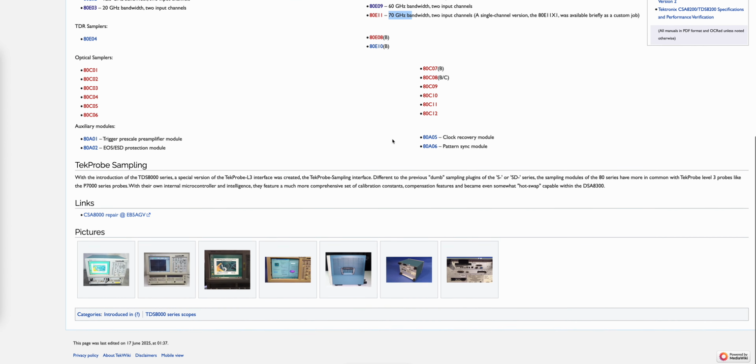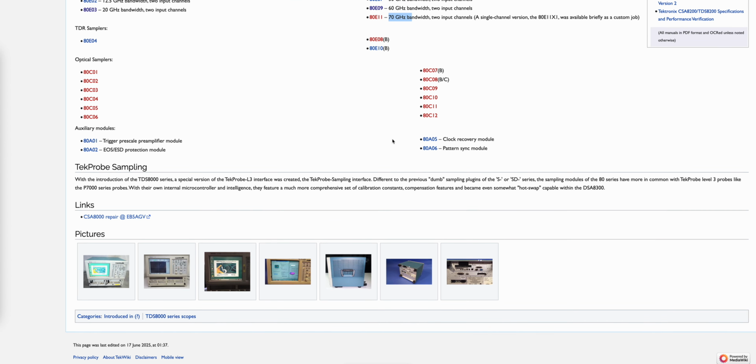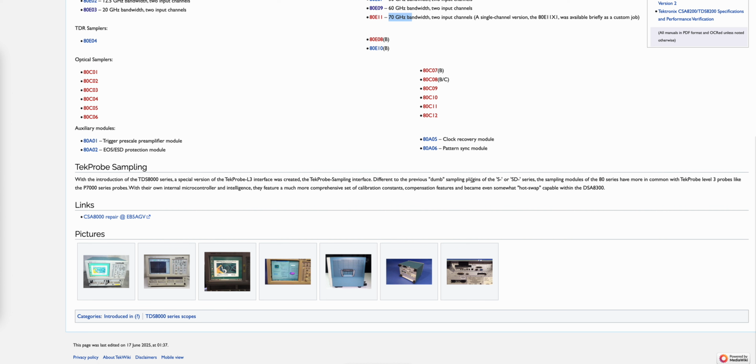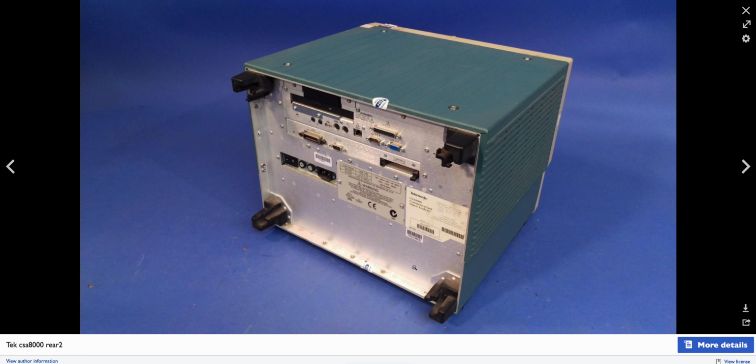I was a bit disappointed to see that. Well, yes, this is just Windows, not a lot of resolution and all those things. But then I learned that in this type of instrument, Microsoft Windows plays the role of a UI basically.